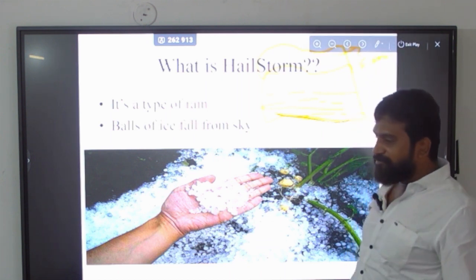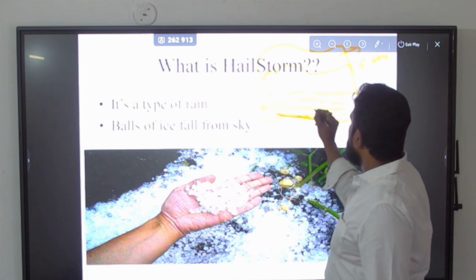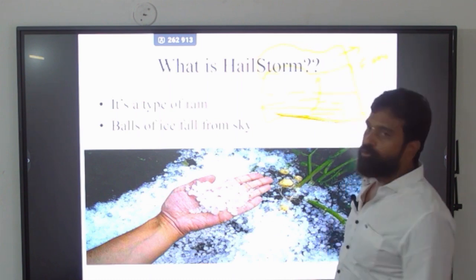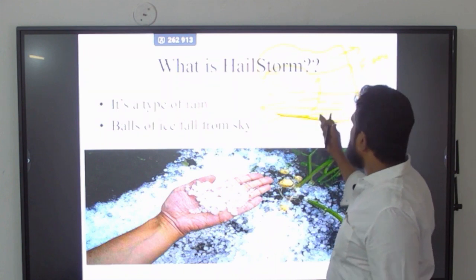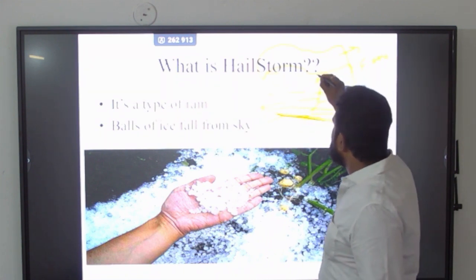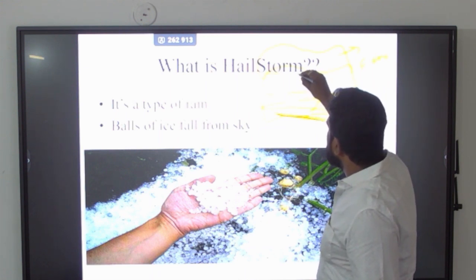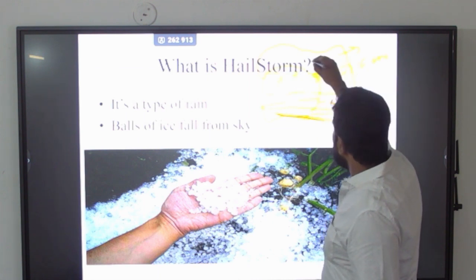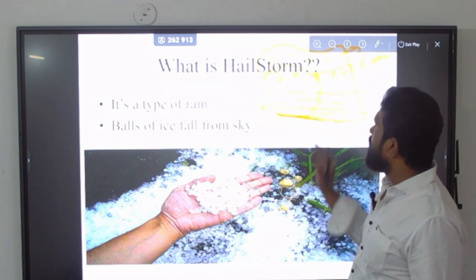So when a wind which is called an updraft flows on here, it will push this water to the upper layer of this cloud. This upper layer of this cloud is at the freezing temperature. Now what happens when this water is pushed by that wind, this water will become ice crystal balls like this over on this upper cloud, then it tries to fall on the ground. So this is the formation of this hailstorm.